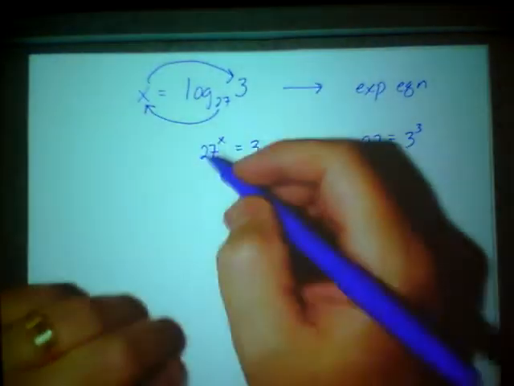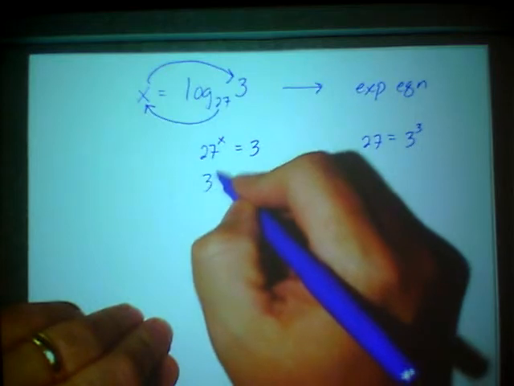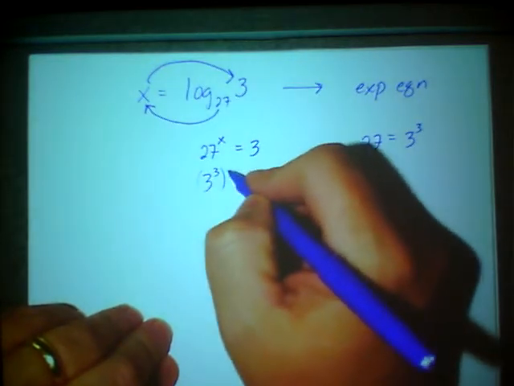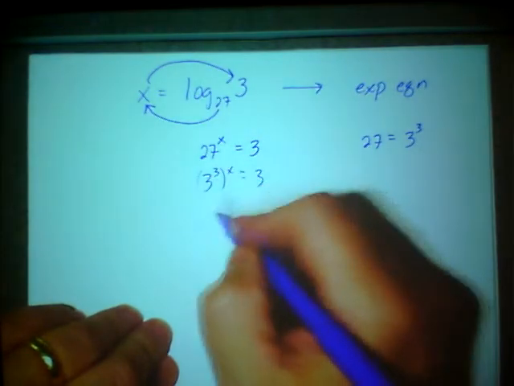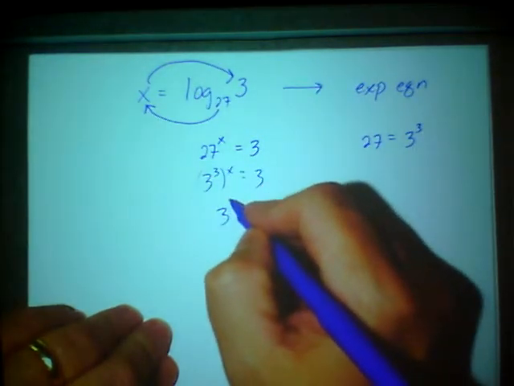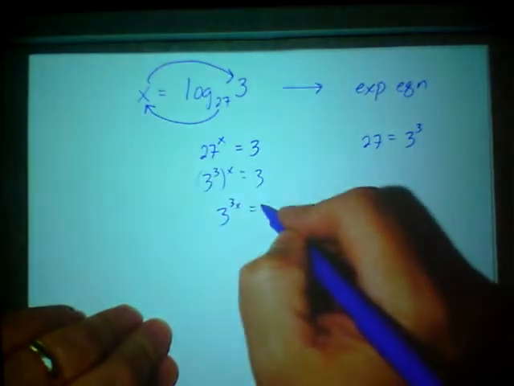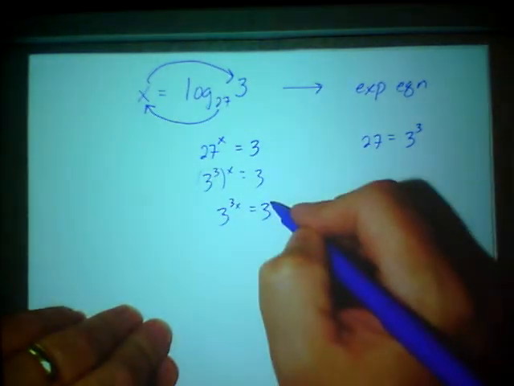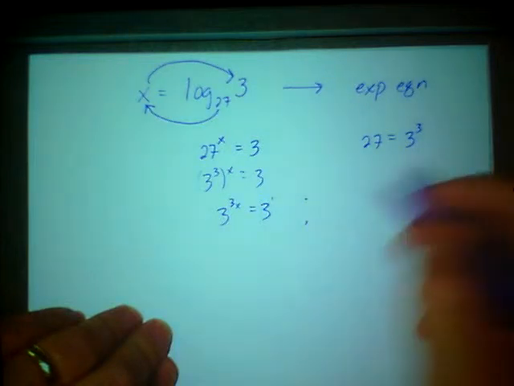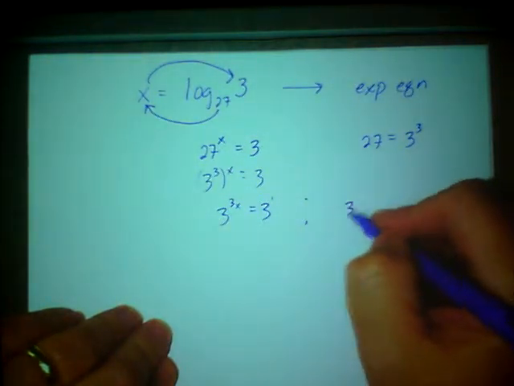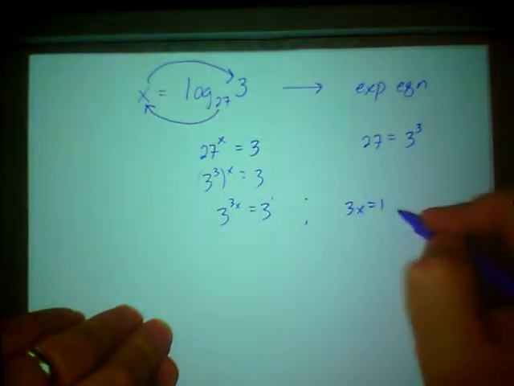I could say 27 is 3 cubed, so 3 cubed to the x equals 3. This becomes 3 to the 3x equals 3. And really, you can think of that as being 3 to the first. So you know that 3x equals 1.